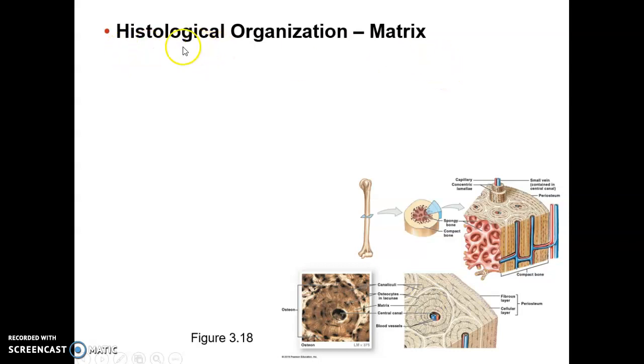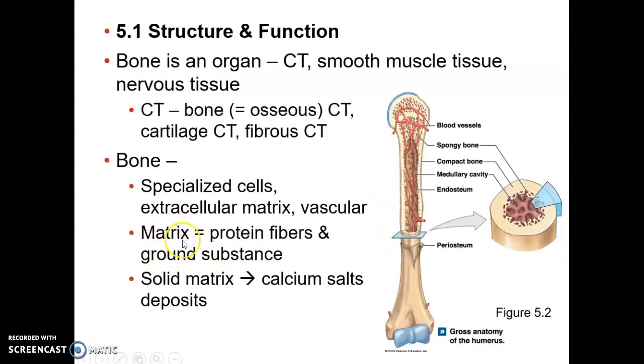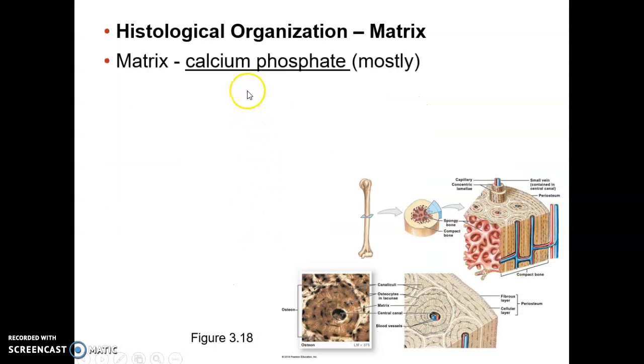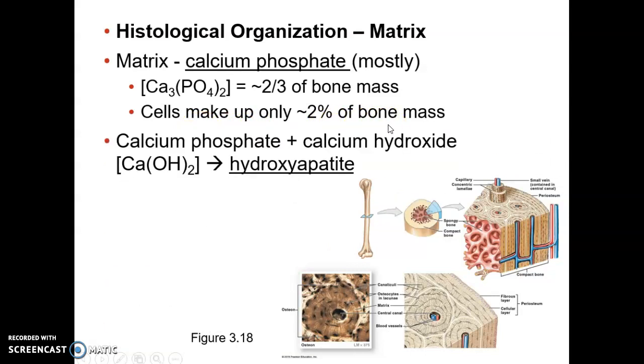So looking at histologically how the bone is organized. The matrix is mostly calcium phosphate. Again, the matrix is the extracellular material, the fibers, and the ground substance. Don't worry about the chemical formula, but calcium phosphate is about 2/3 of solid bone mass. Living cells within bones make up only about 2% of the bone mass.